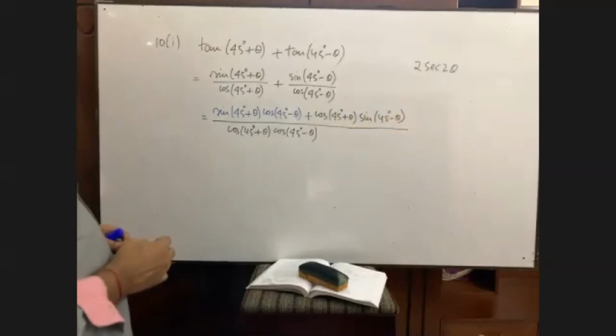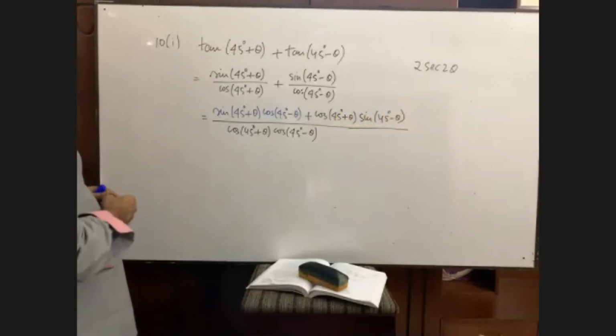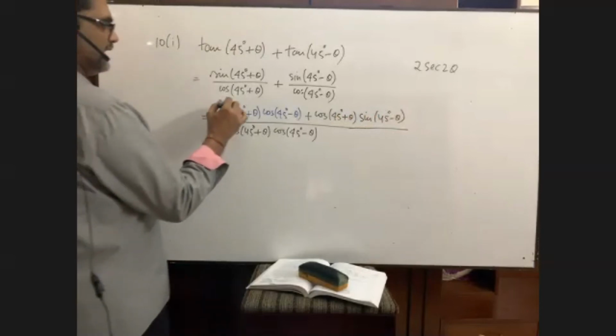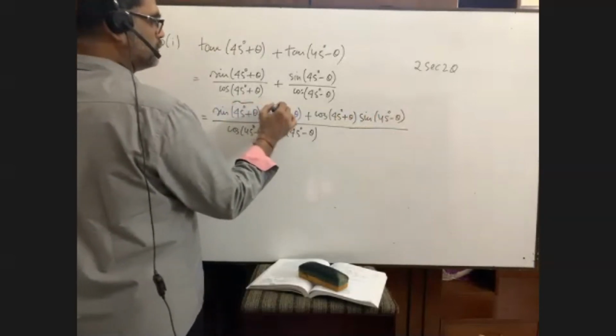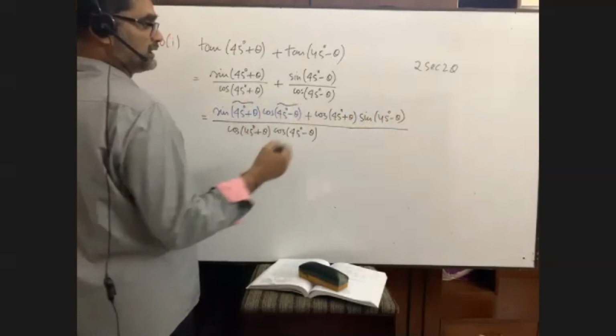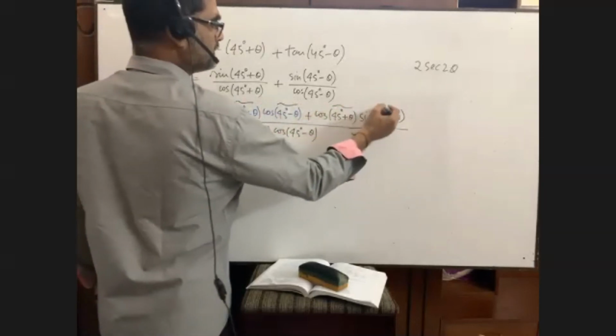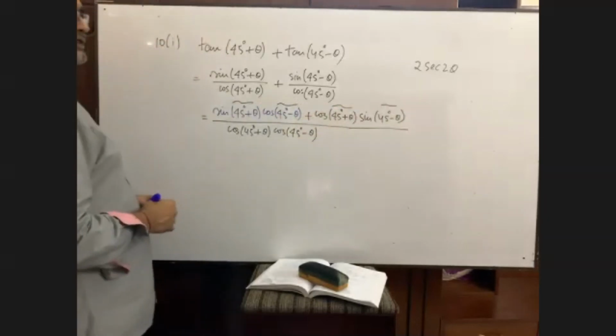Can you please recall formula number 1? Sine of a plus b is sine a cos b plus cos a sine b.